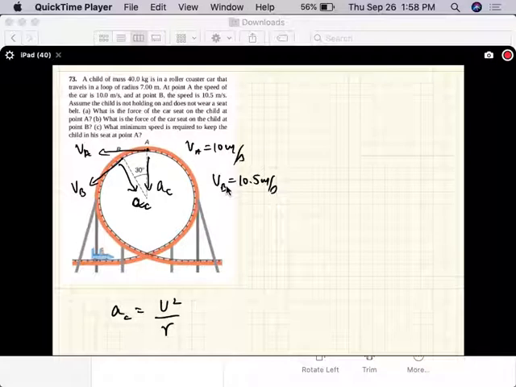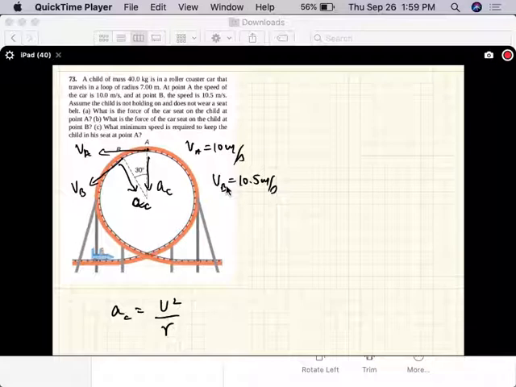And of course if this is 0, then you fall straight down, and r becomes 0.